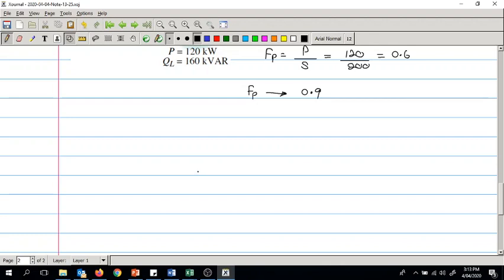So in that case, we have P, right? We have Q, right? And we have S. S is something that we don't actually want at this point, right?